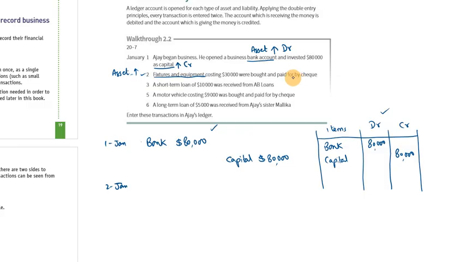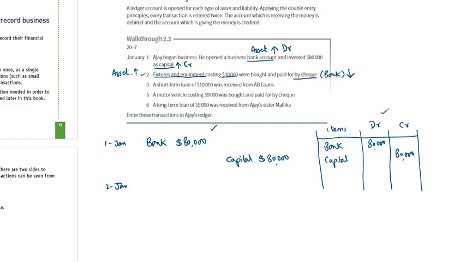The business purchased it by using this check. Check means the business used the bank account. Can we say this business bank will decrease by 30,000 because the business purchased the fixture and equipment? So one asset is increased, that is the furniture, and the other asset, that is the bank, is decreasing.